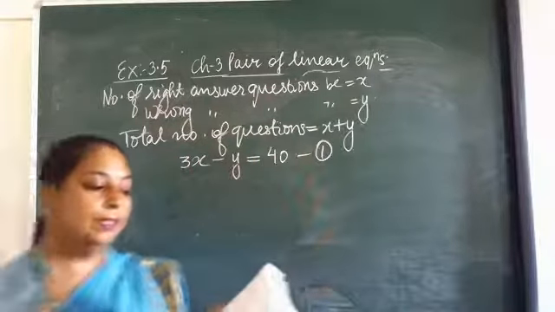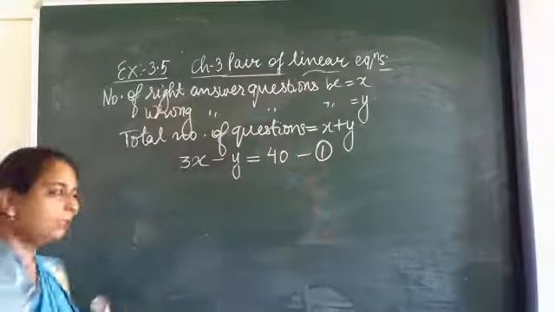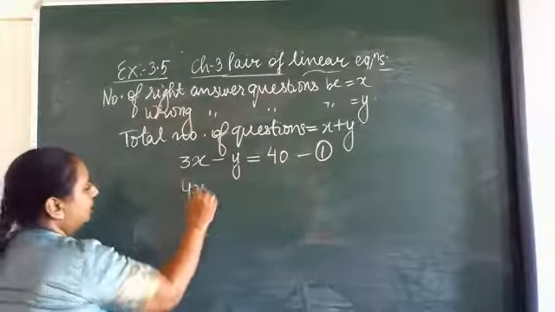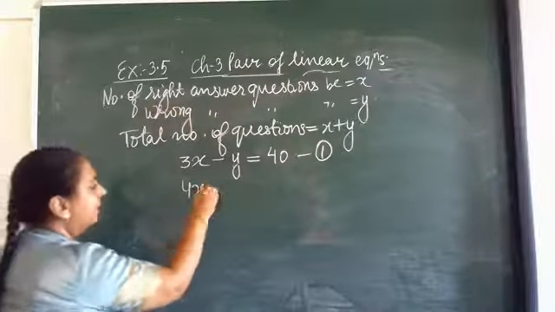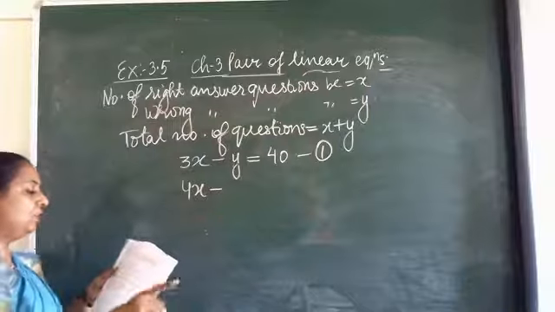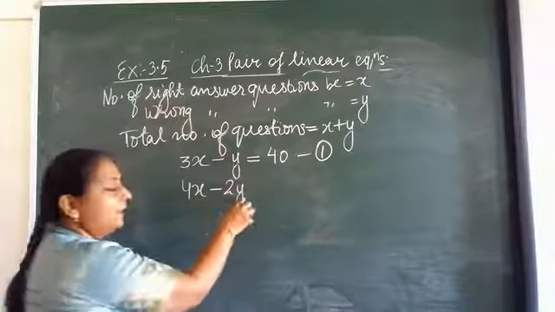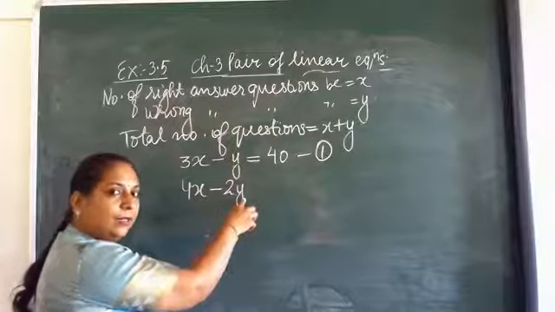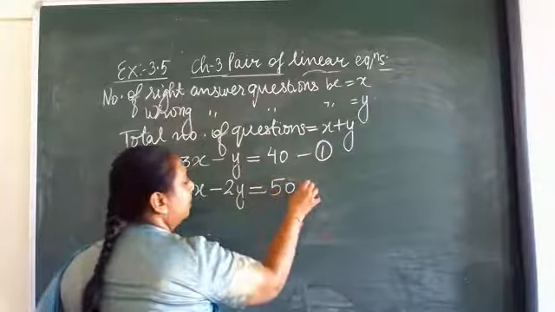And similarly, 4 marks being awarded for each correct answer, so 4 into x becomes the right answer marks, minus 2 marks deducted for the wrong answer, so 2y is the marks deducted from the right answers. Total marks is 50.